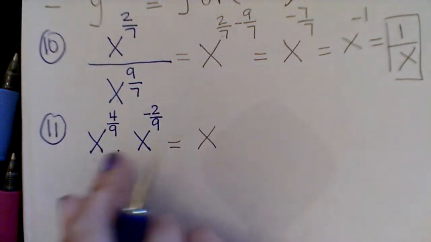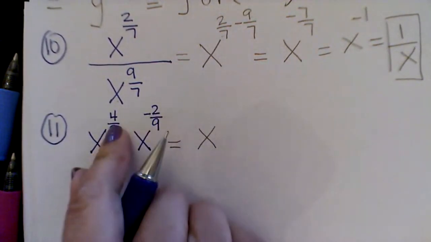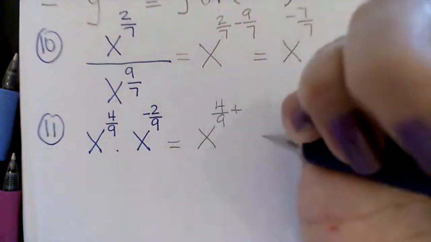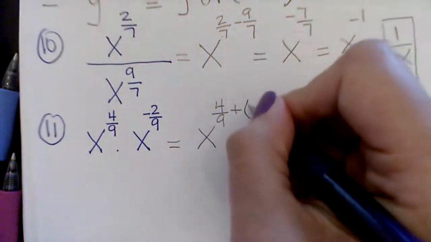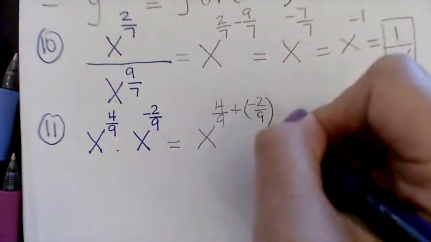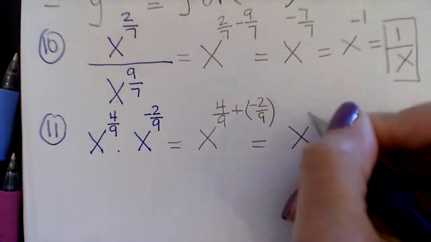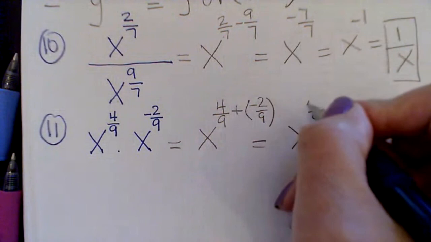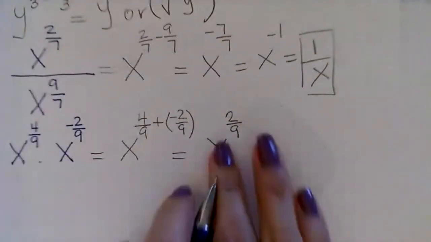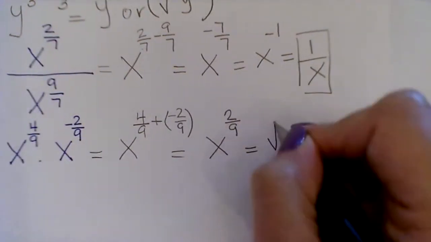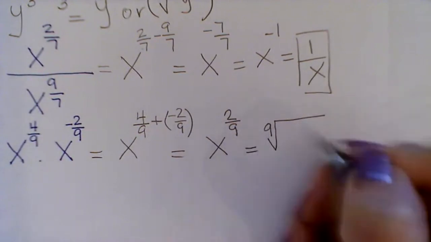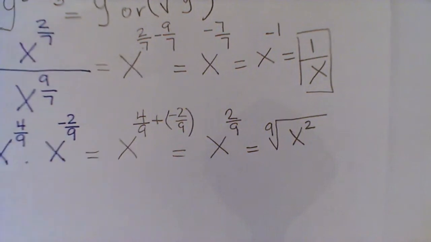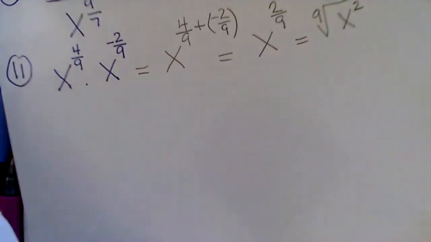I'm multiplying, I have the same base, so I'm going to add the exponents. 4 over 9 plus negative 2 over 9. I have the same denominator. 4 minus 2 is 2. So again, that can be my answer, or the denominator is the index. Remember, x to the second power. All right?